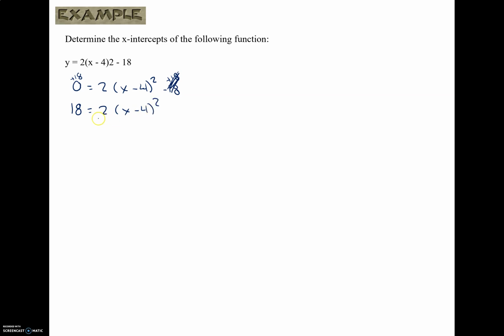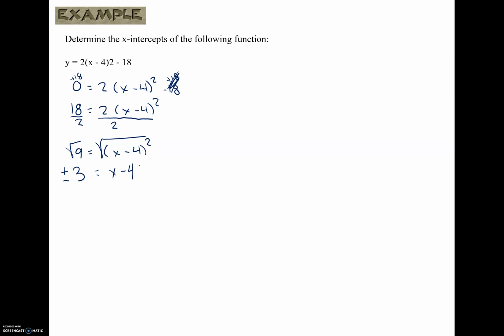And then I'm going to deal with that 2 by dividing by 2. Now those brackets are by themselves. I need to get rid of that square, and the opposite of squaring is square rooting. And I have to consider both the positive and the negative.